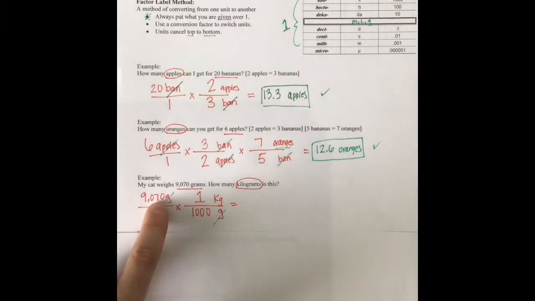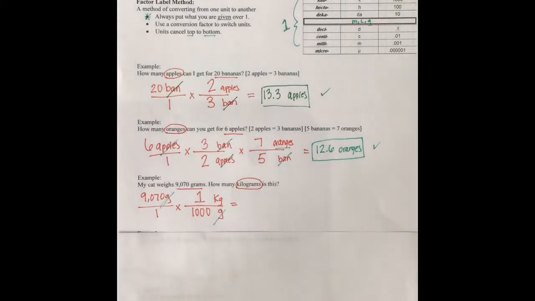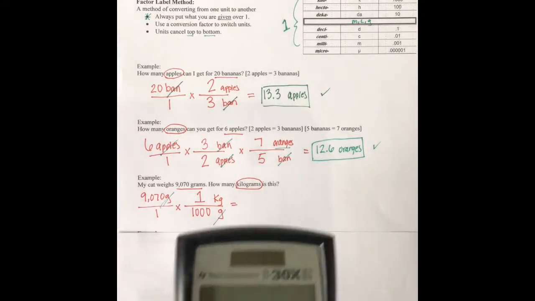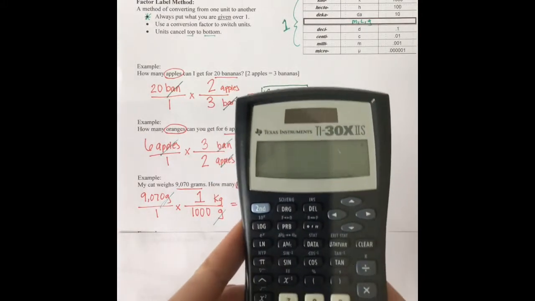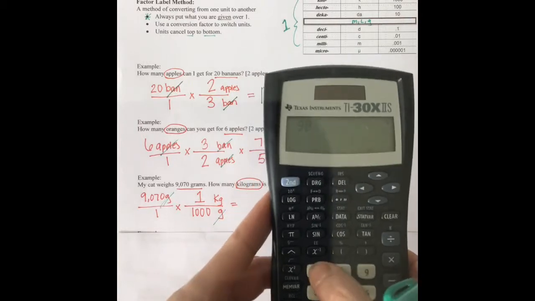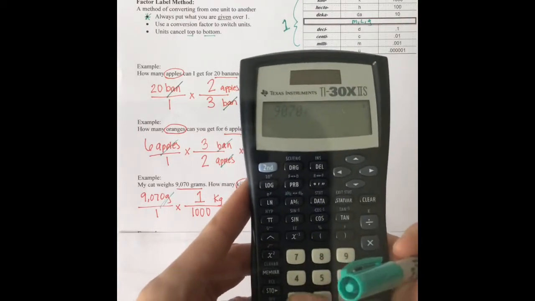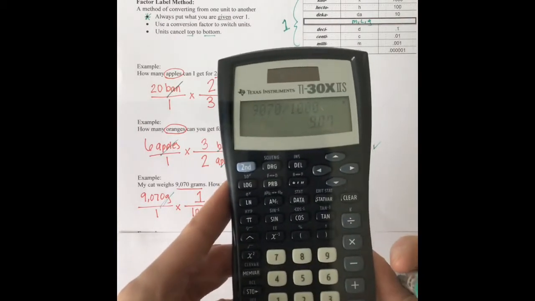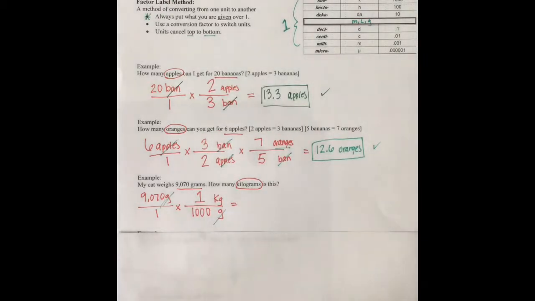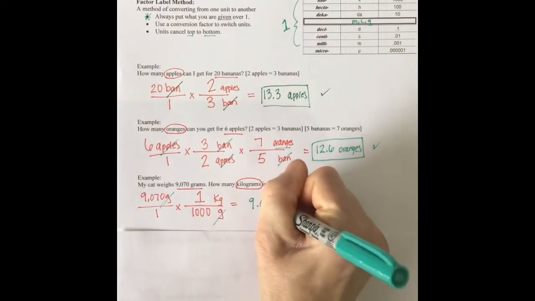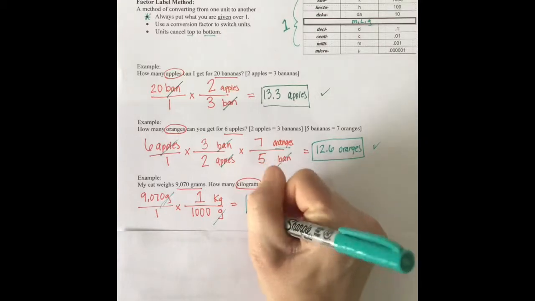So this one's pretty easy to plug in to your calculator. 9,070 divided by 1,000. You could probably do that in your head. We should get 9.07 kilograms.